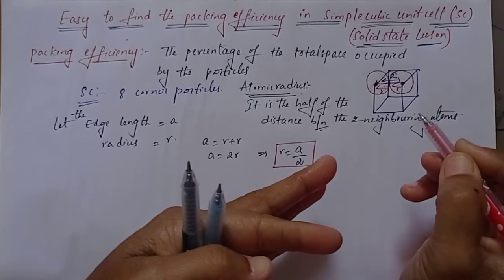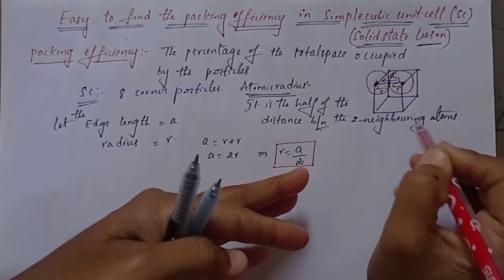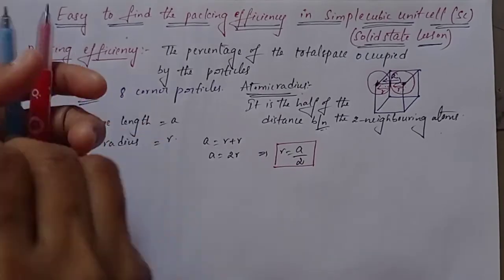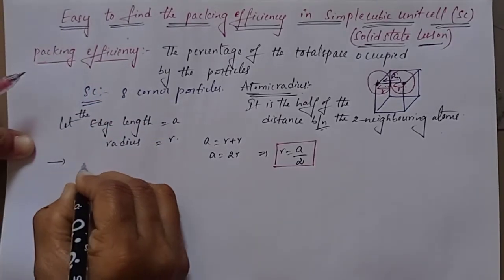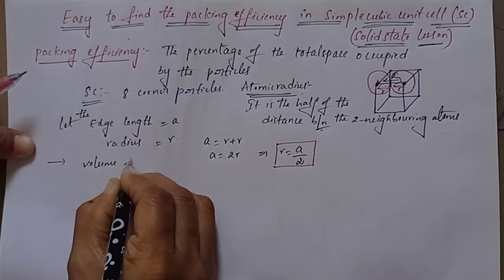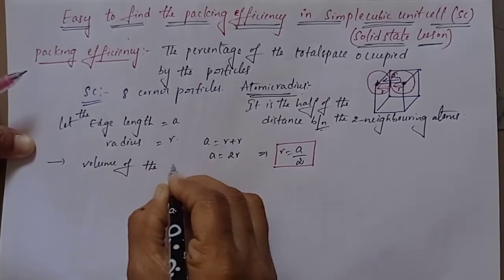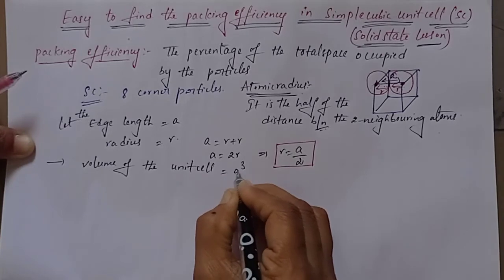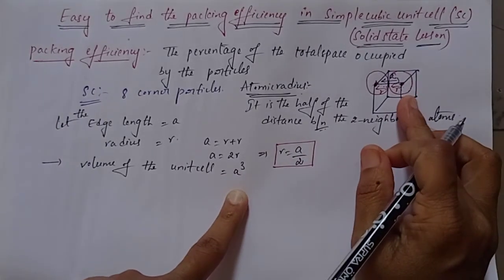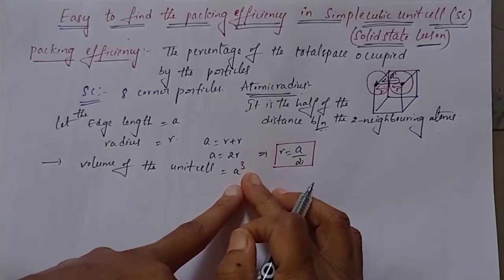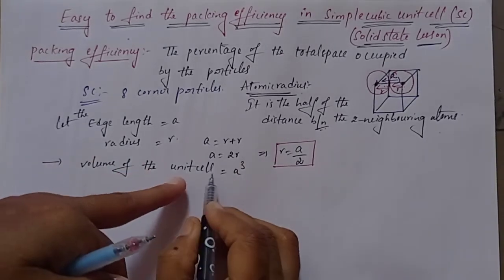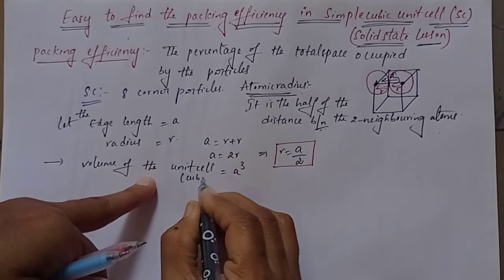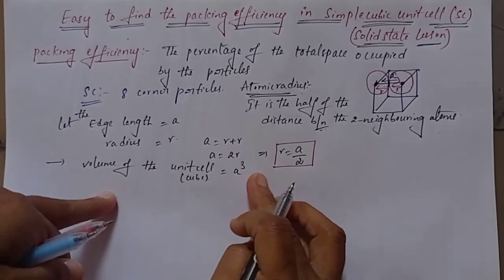The volume of the cube is a cube. Volume of the unit cell is equal to a cube, because the unit cell shape is a cube. Volume of the cube is equal to a cube.